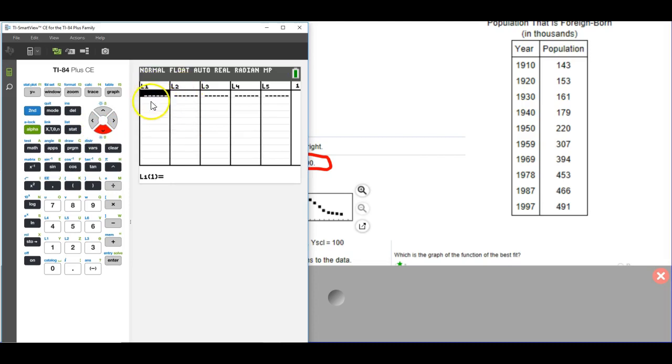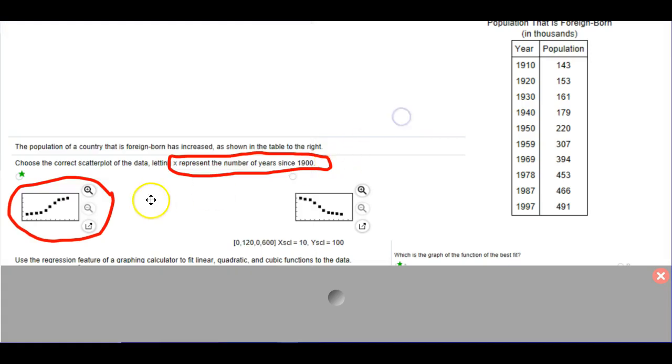Okay, so now we should be at the same spot. We should have L1, L2, empty columns, and we're wanting to put in our X's and our Y's. But now this is where we have to think a minute. Remember I said this was important? Okay, we're putting X's into the calculator, not these years.